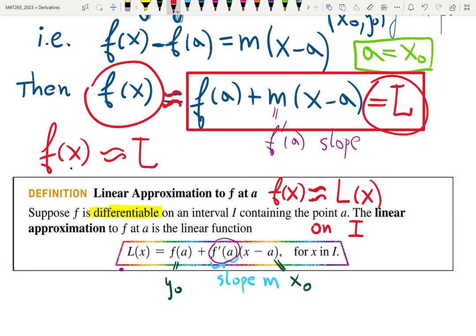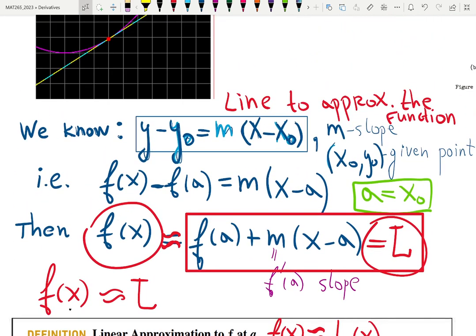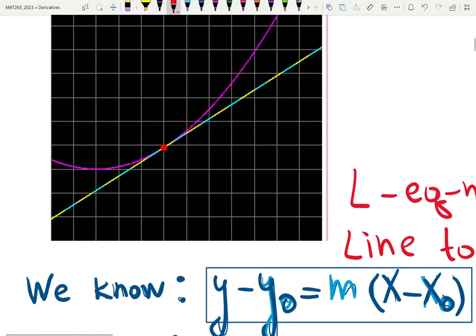So L is the equation of the line that we're using to approximate? Yeah, you should write this down too. That's a very good explanation too. L is the equation of the line. Over here, we don't like it. Look at this horrible gap.